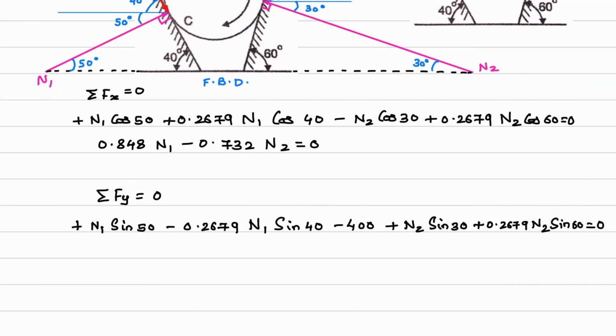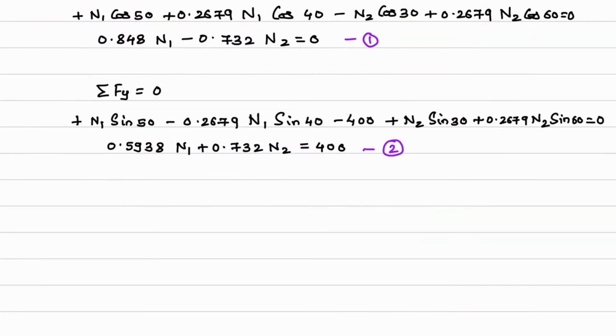If you simplify this, you will get 0.5938 N1 plus 0.732 N2 equal to 400. Solve 1 and 2 simultaneously to get N1 and N2.